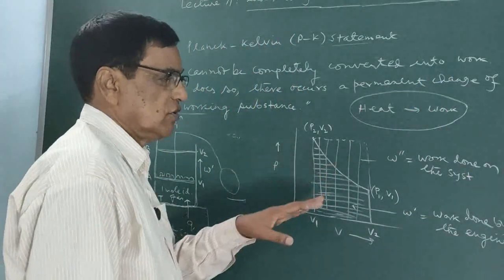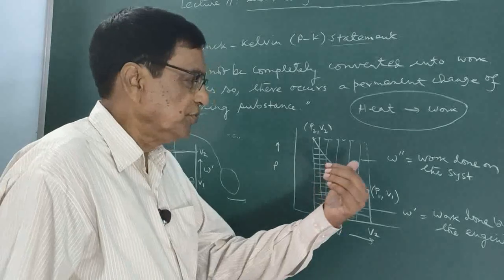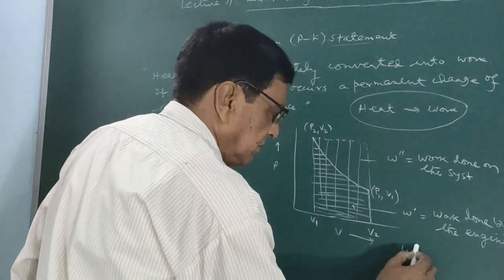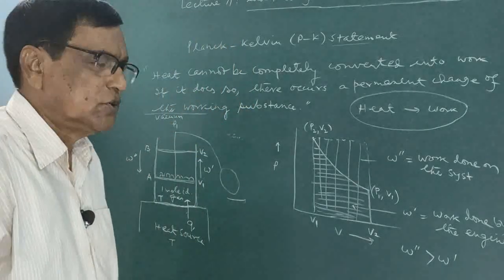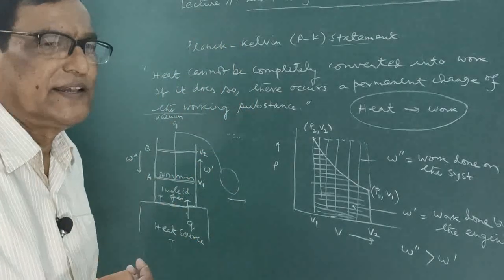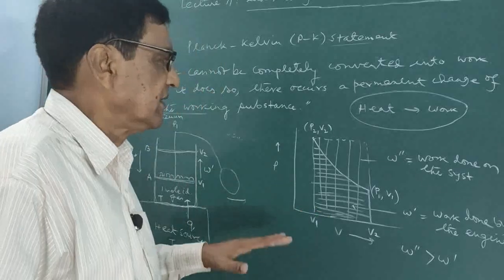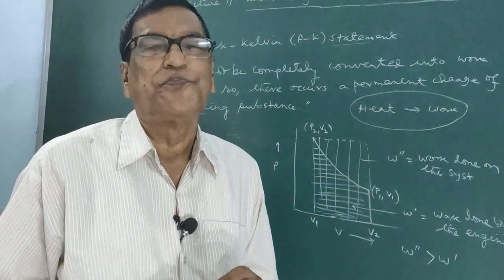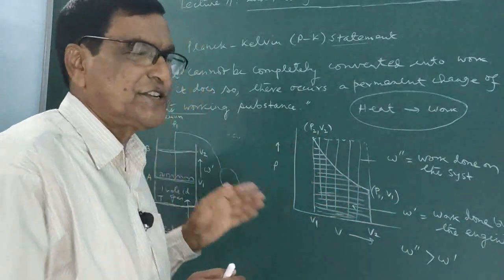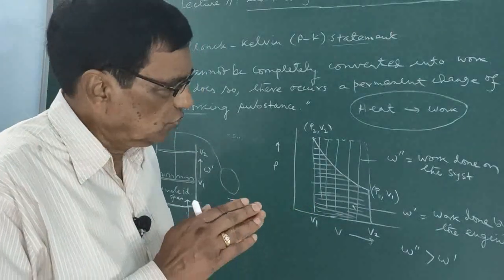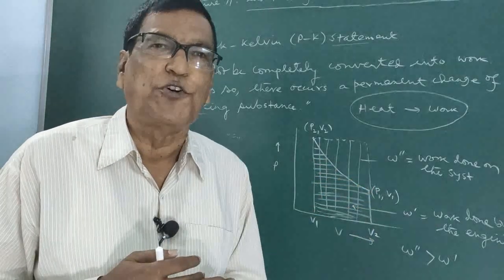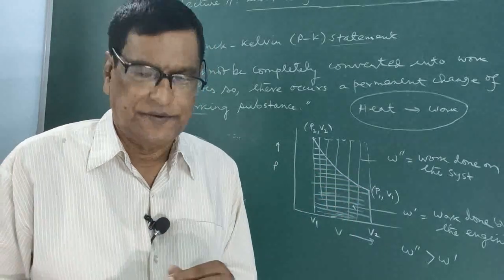So in this case also, from this indicator diagram, we can see that W dash is greater than W double dash. So no net work is done in this way also by the working substance. We are not getting any sort of positive work to the surroundings.